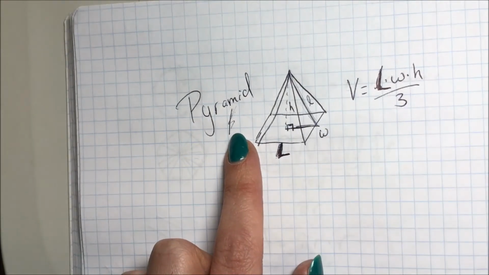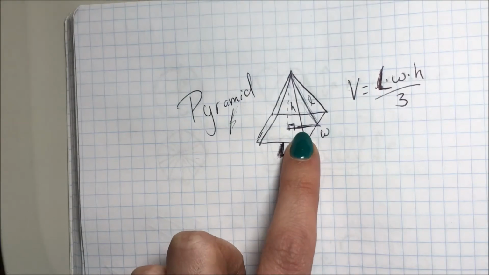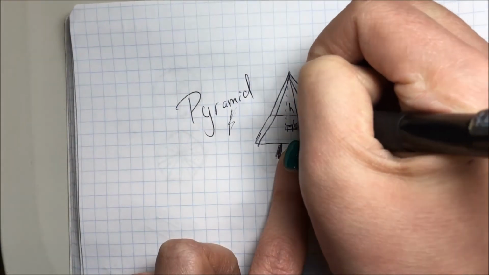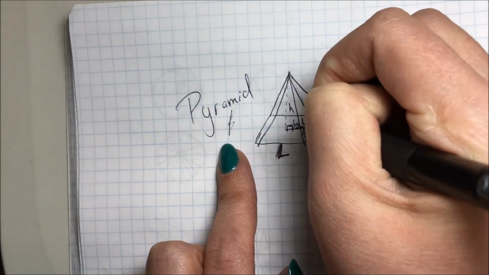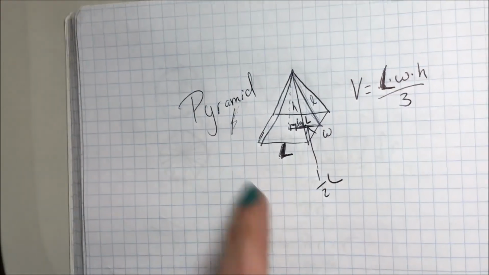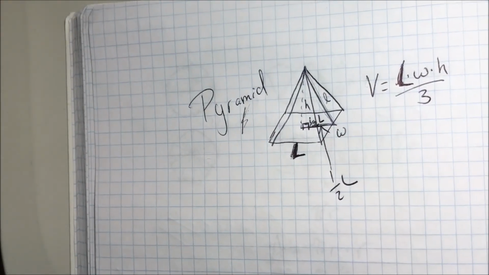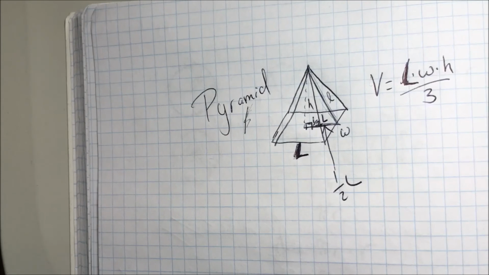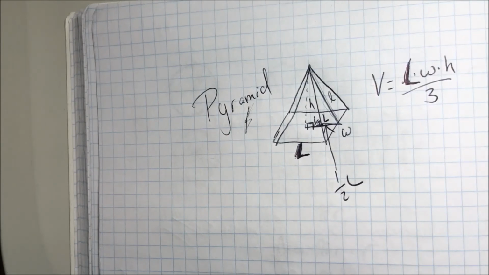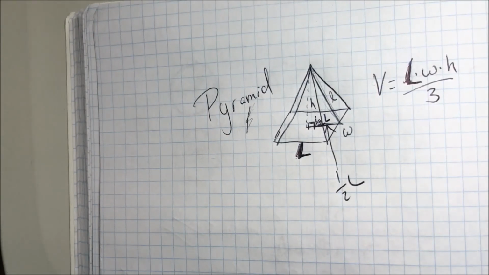Okay, so the slant height they might give you, and 1/2 of L. Okay, they might give you, and you might have to do some trig or some Pythagorean theorem to find the height. That's as complicated as I could think of this is. Okay.